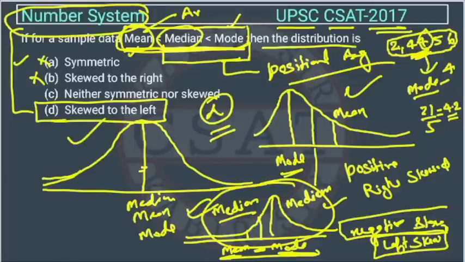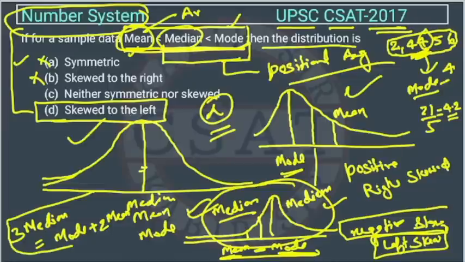There is one more thing you should know, the relationship between mean, median and mode. There is one formula you should know: 3 median equals mode plus 2 mean. This is very important. UPSC can ask this formula also, and they can ask you to calculate the mean or mode from it. That is why we do PYQs, because PYQs tell us which areas are important for UPSC.